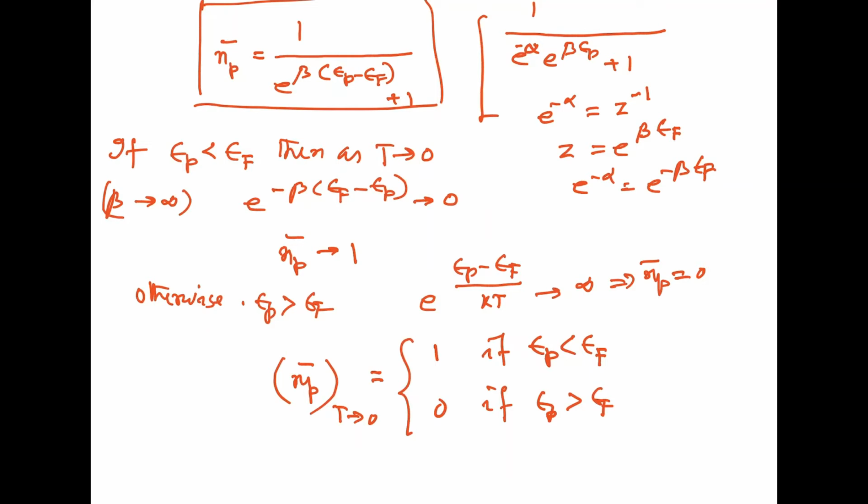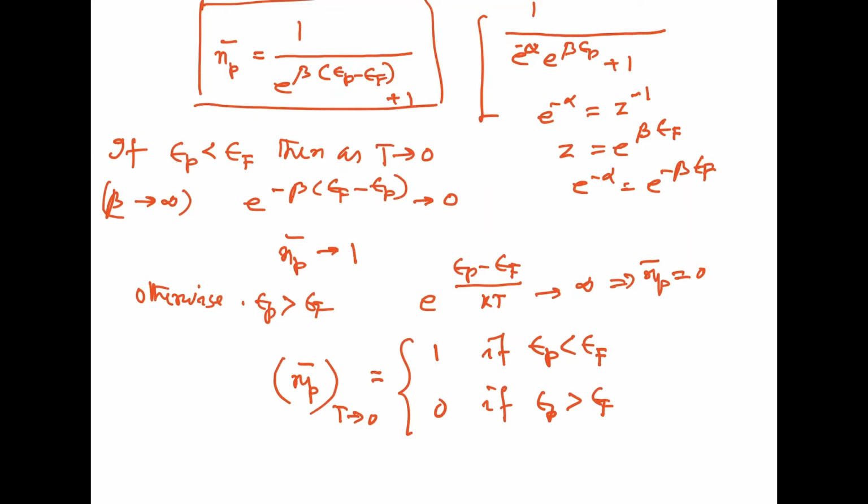So all the states having energy less than Fermi energy will be occupied by one fermion, and all those states having energy greater than Fermi energy will not have any fermion in them. So those states will be empty.